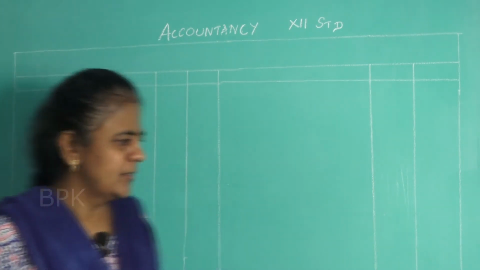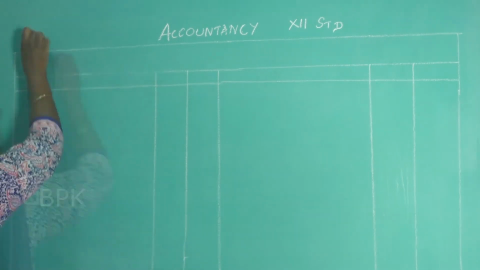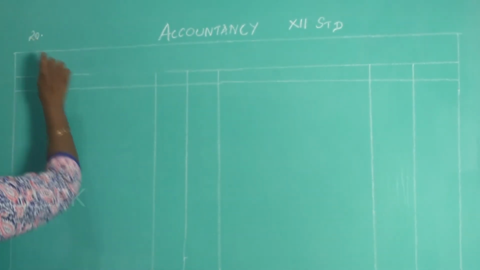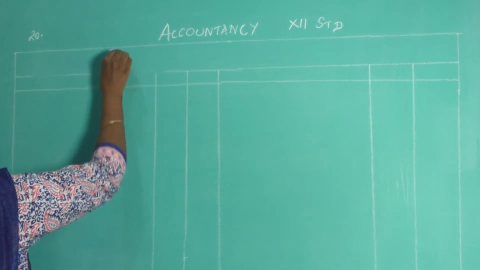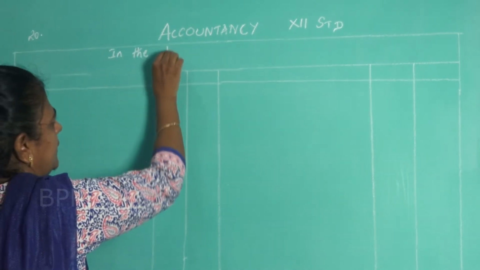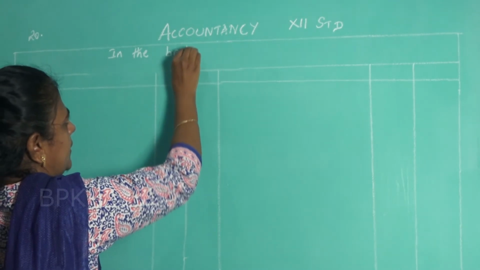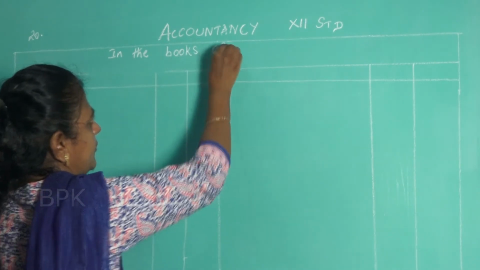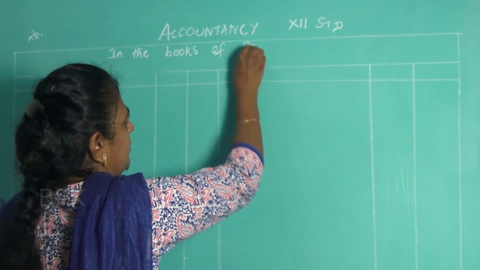Okay. So statement of affairs, question number 20. In the center of the book you write, in the books of Selvam.